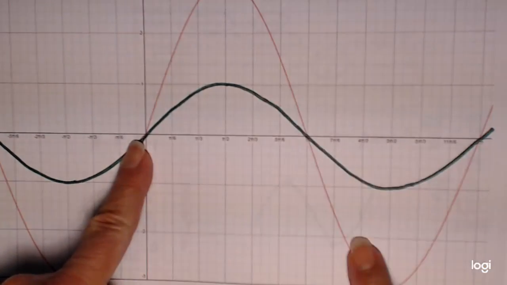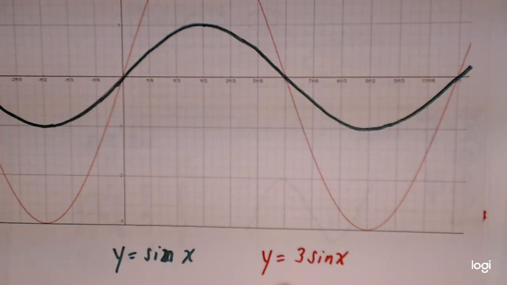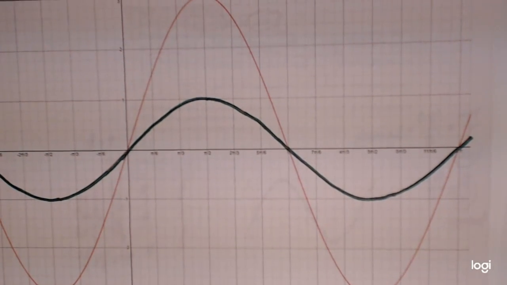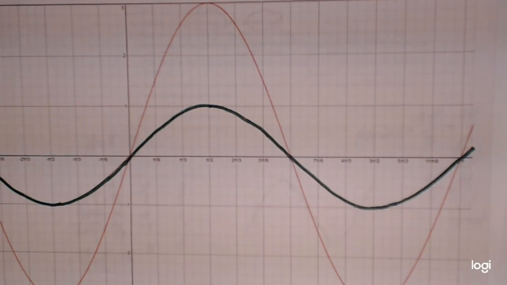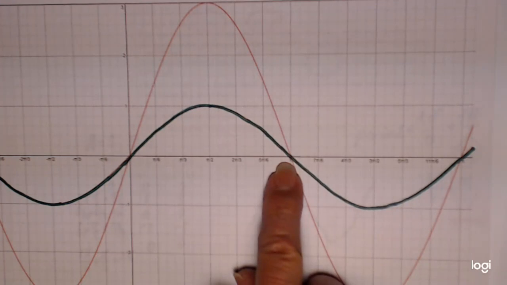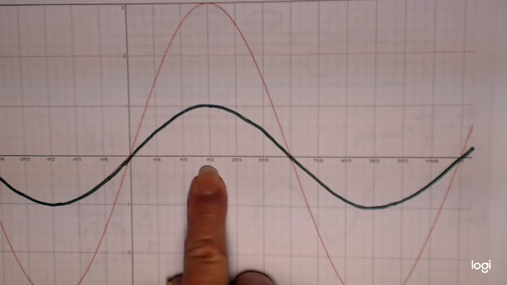This red one is the one that we just graphed here of y is 3 sine x. So on this graph, you can see that our 5 key values happen at the same x values. 0 and pi and 2 pi are all x-intercepts, we're zeros. At pi over 2, we have a max.